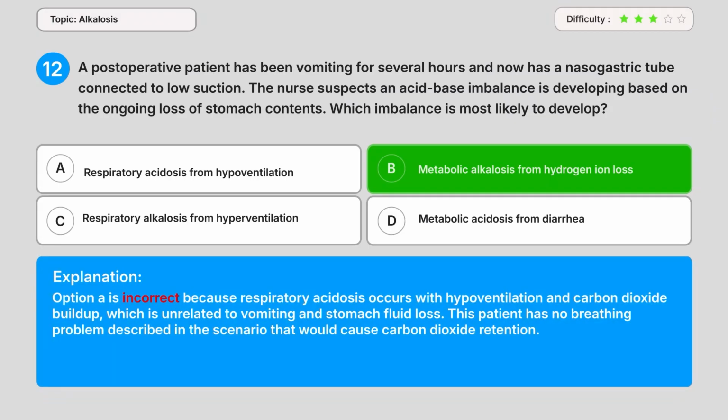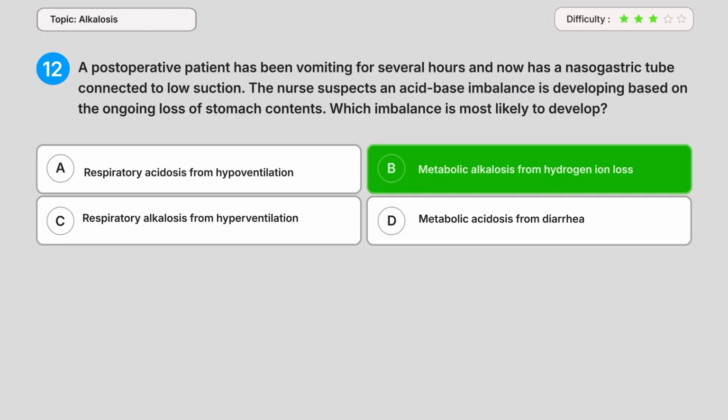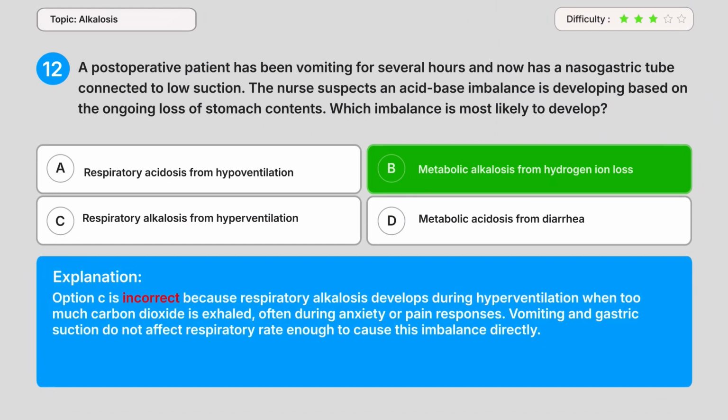Option A is incorrect because respiratory acidosis occurs with hypoventilation and carbon dioxide buildup, which is unrelated to vomiting and stomach fluid loss. This patient has no breathing problem described in the scenario that would cause carbon dioxide retention. Option C is incorrect because respiratory alkalosis develops during hyperventilation when too much carbon dioxide is exhaled, often during anxiety or pain responses.